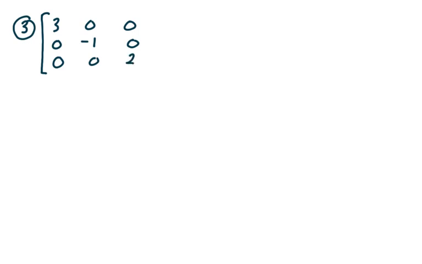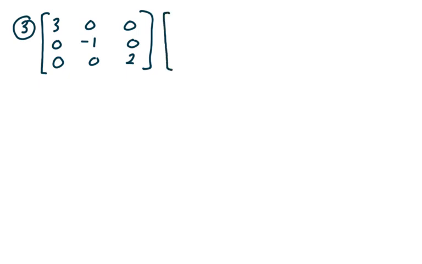Now, let's take a look at problem 3. Suppose we have the matrix 3, 0, 0, 0, negative 1, 0, and then 0, 0, 2. Are we in agreement that's a diagonal matrix? Okay.